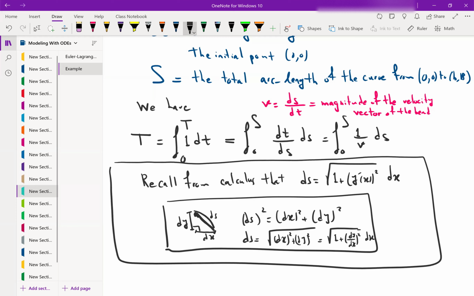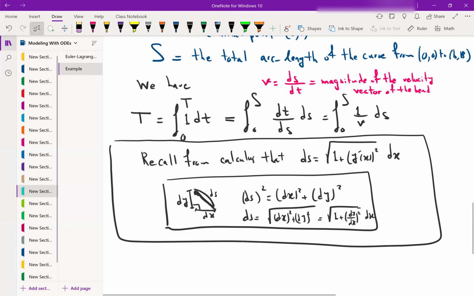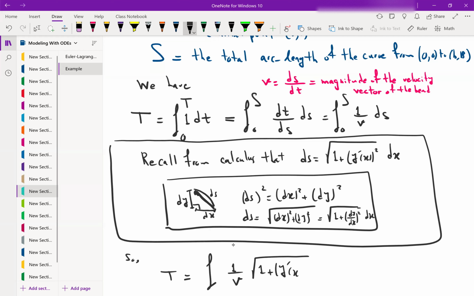So we know what ds is. The conclusion is that this T, the total time required for the travel, is equal to the integral of 1 over v, and ds is the square root of 1 plus y prime of x squared dx.